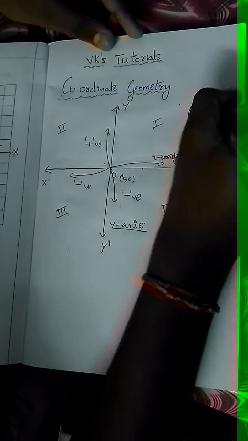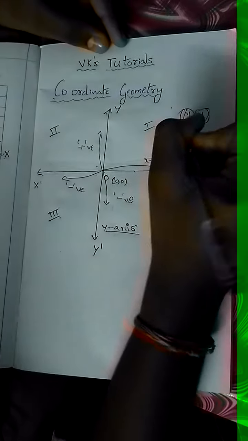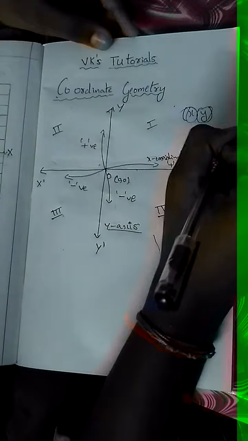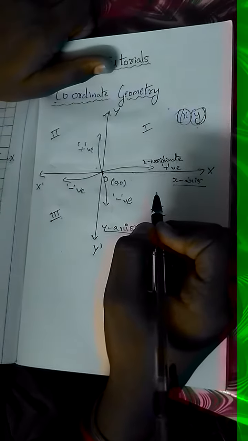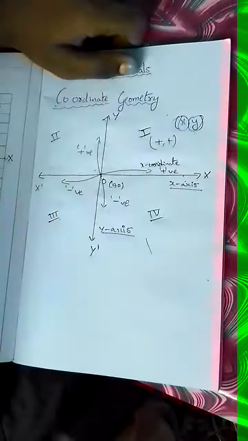Now, if you are clear about this, any point located in this Cartesian plane is represented by (x, y), and this x is the x-coordinate and this y is the y-coordinate. Now in the first quadrant, the x-coordinate is positive and the y-coordinate is also positive as it goes in the positive direction.